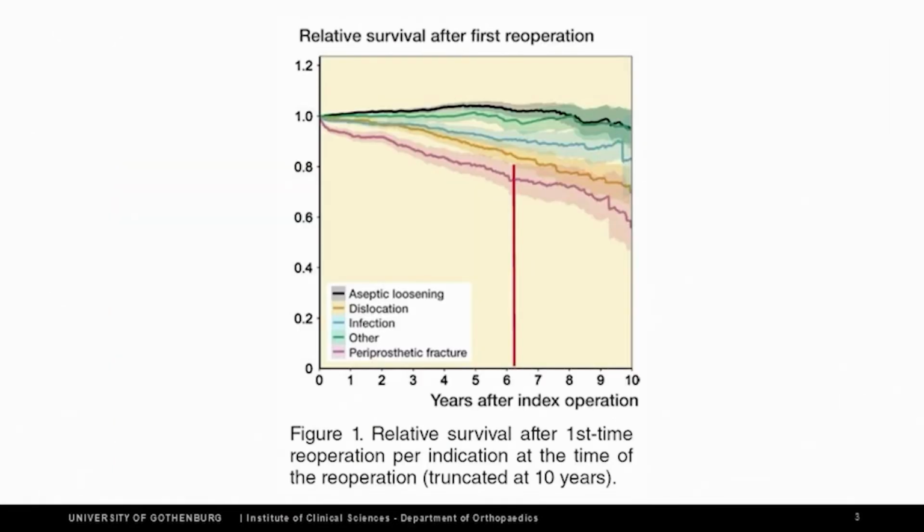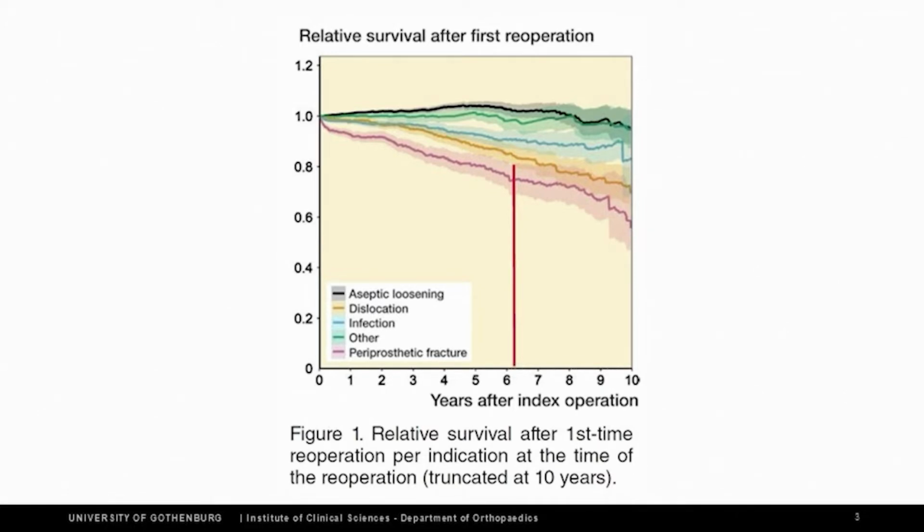Although hip arthroplasty is in general a very successful clinical intervention, there are still some areas where further improvement may be done, and periprosthetic femoral fracture is one of them. In this figure from the Swedish Hip Arthroplasty Register, it is illustrated very clearly that patients with periprosthetic fracture have the highest mortality in comparison with all other complications after hip arthroplasty.